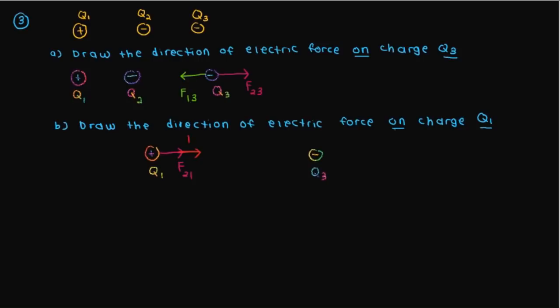So this is F3 on 1. Okay, so if you see here, we will get both are same direction to the right. And then just put back the charge Q2 here.